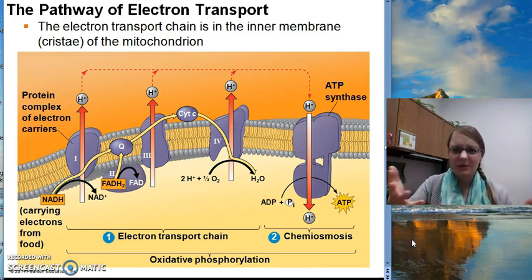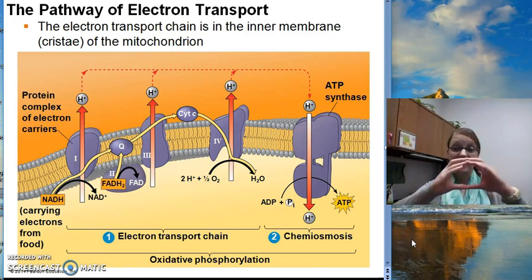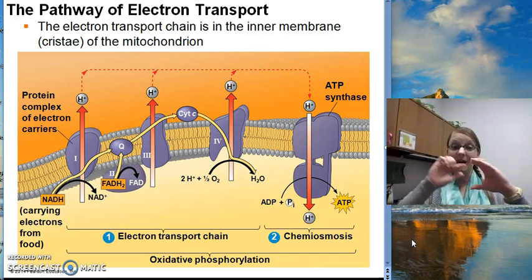Where are all these proteins located? Well, you'll see a membrane there, right? This membrane is actually part of the mitochondria. So remember, think back to chapter 6 when we were talking about various organelles that are found in eukaryotic cells. Well, the mitochondria is one of those organelles, and it has that nice, smooth outer membrane, and then it has that highly convoluted inner membrane.